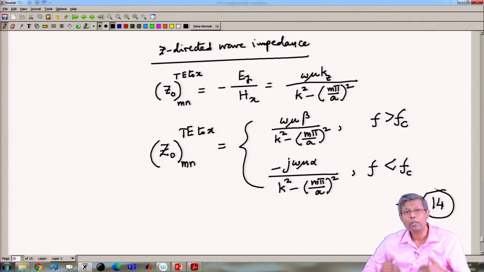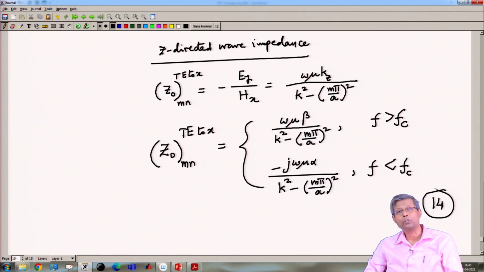So this is where these kinds of alternate mode functions are going to be used to satisfy the additional boundary condition which is present at the dielectric air interface inside the partially filled rectangular waveguide.